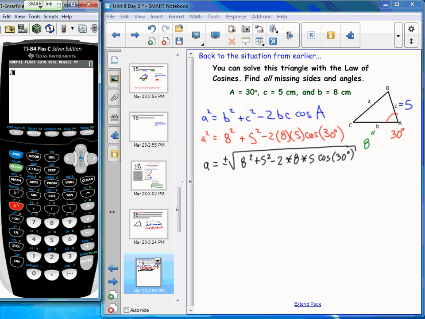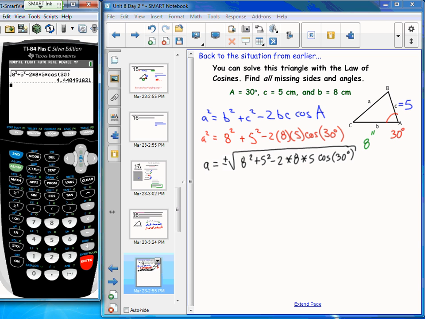You can do it however you're comfortable, but you have to produce it on your own on the test. So I'm going to do 8 squared plus 5 squared minus 2 times 8 times 5 times cosine of 30 degrees, close angle, close radical. Pinch of salt all over the shoulder.